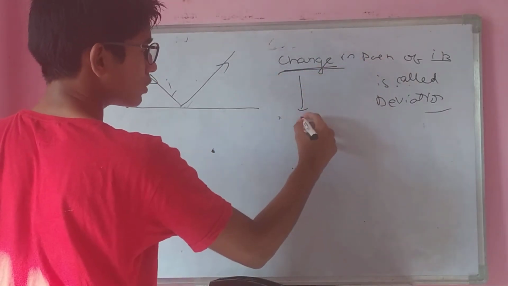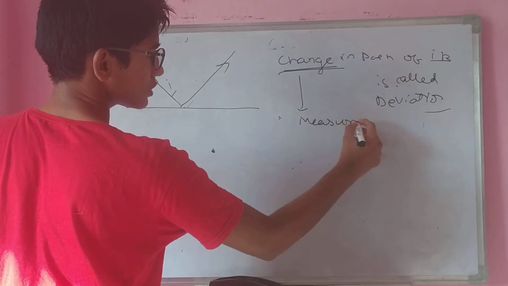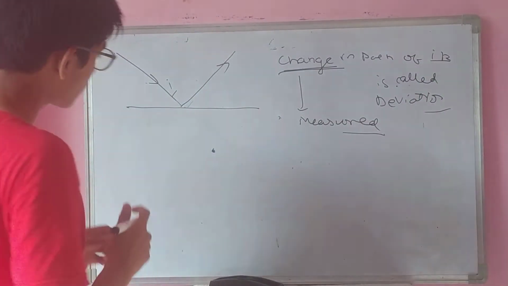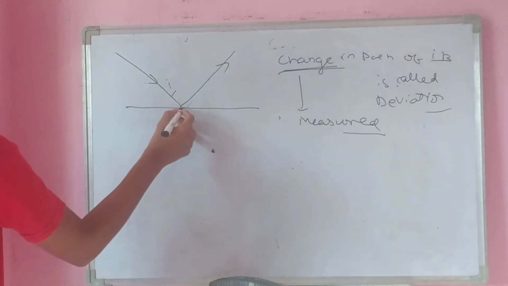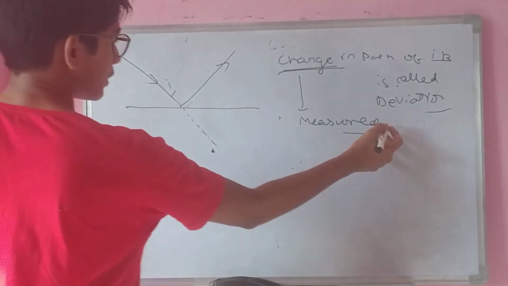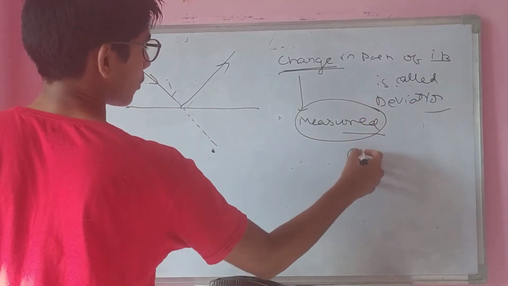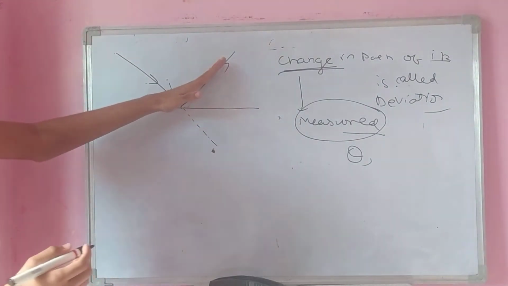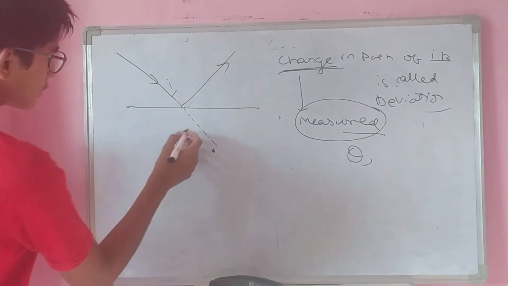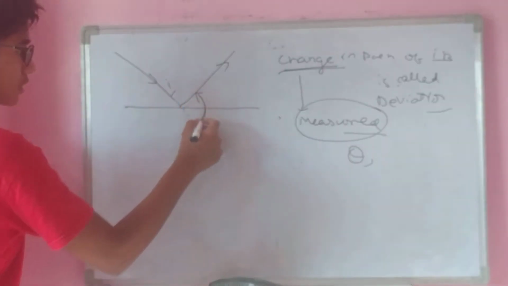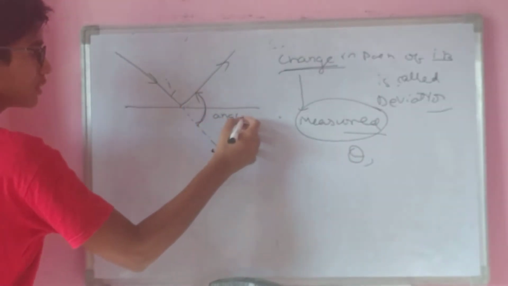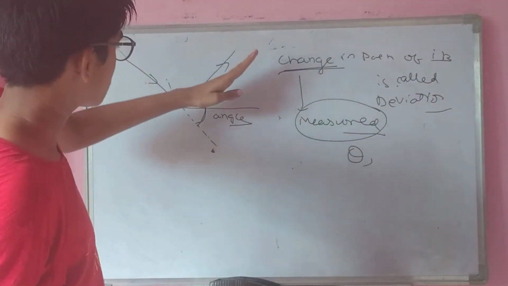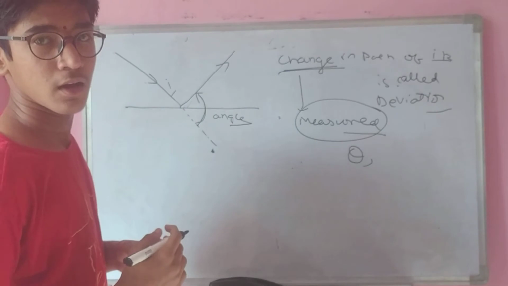is measured how? How can we measure this change? It is originally going like this. This change can be measured in the form of an angle, no? We can say like this it had deviated. In the sense, we can measure the deviation or change in its path by an angle.